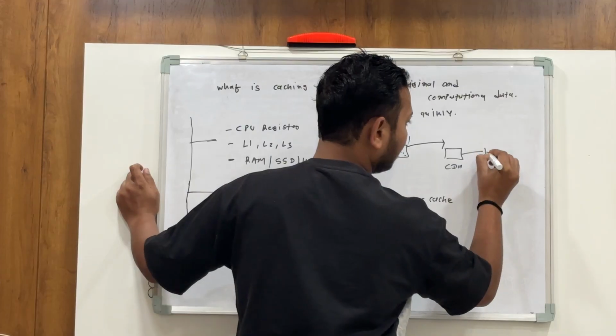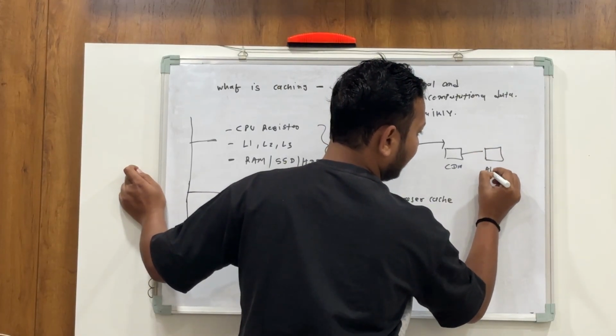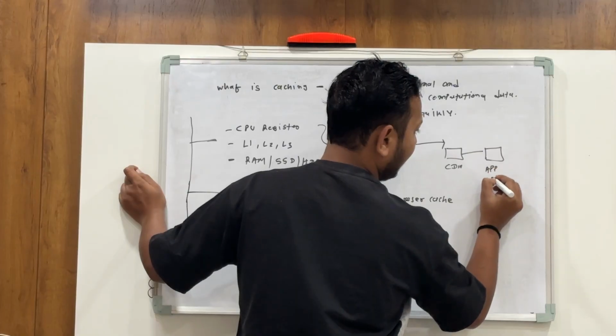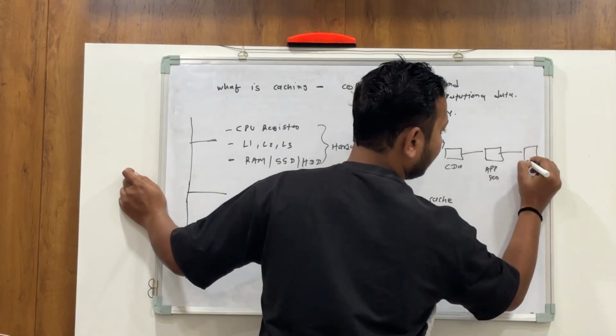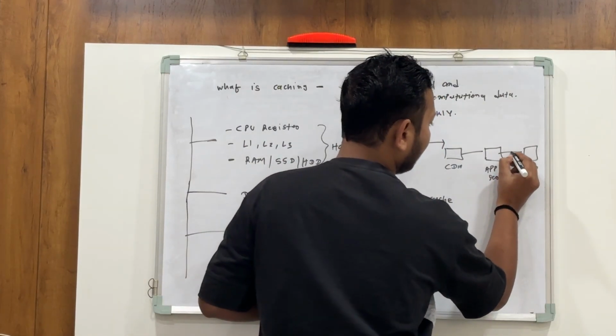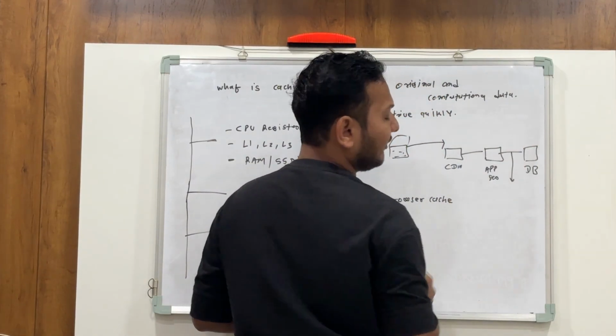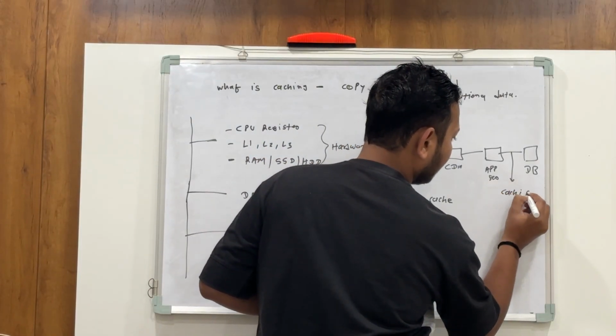Then it goes to the app server, which is called the backend server, and finally it goes to the database, right? In between the app and DB server, sometimes we have the caching server.